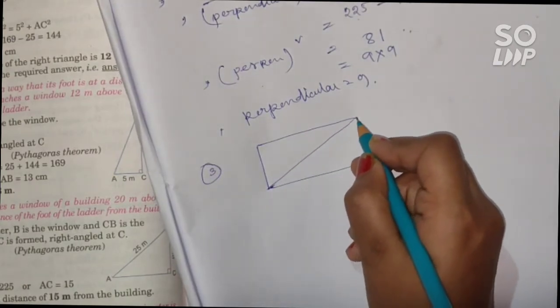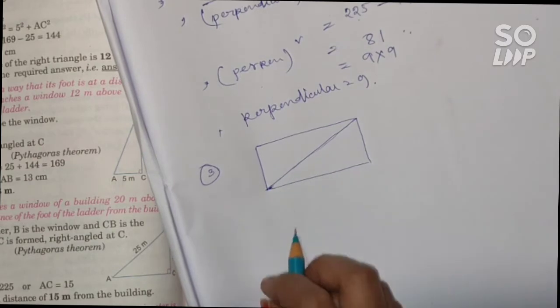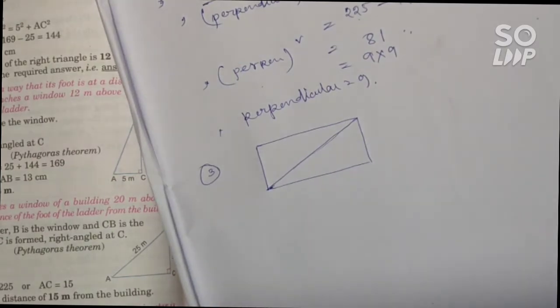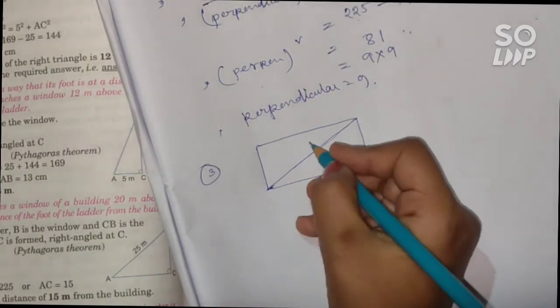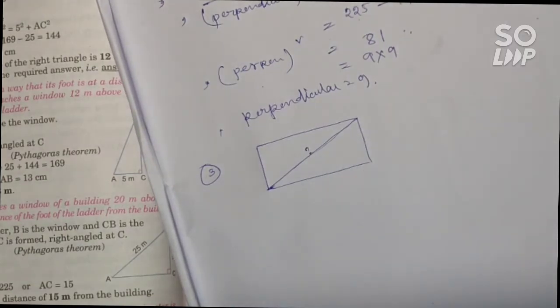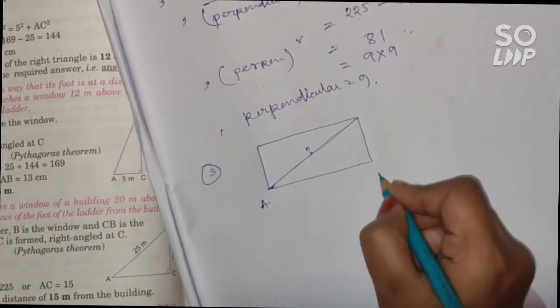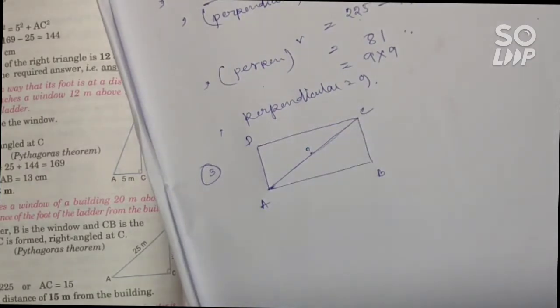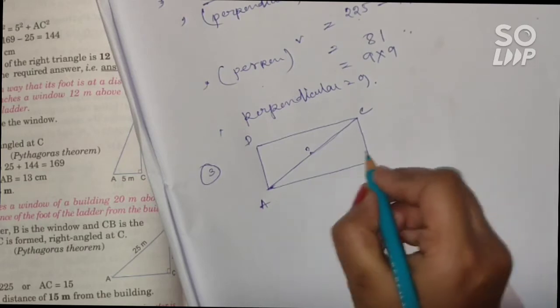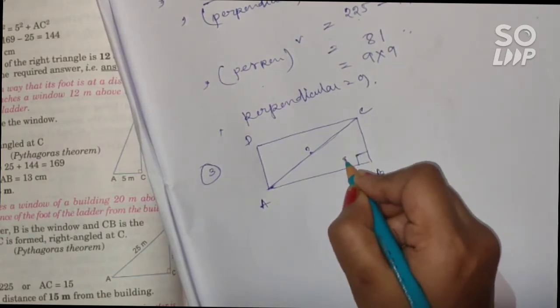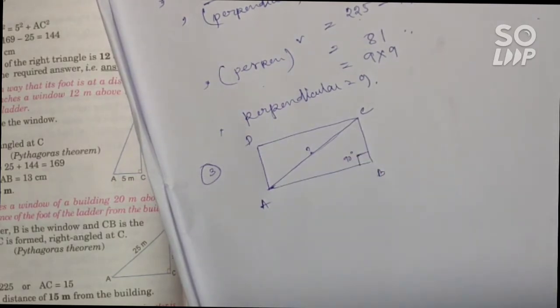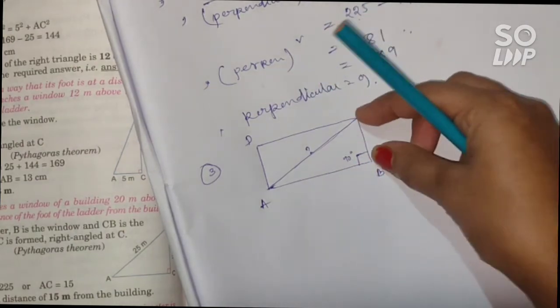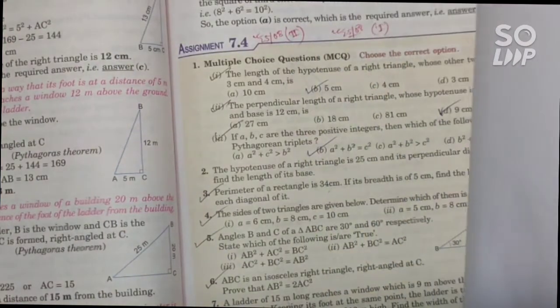You know that this is the diagonal. You have to find this value. A, B, C, D, this is the rectangle, and you know that each angle of a rectangle is 90 degree. This is 90 degree. So breadth is given. Breadth means this is the breadth.